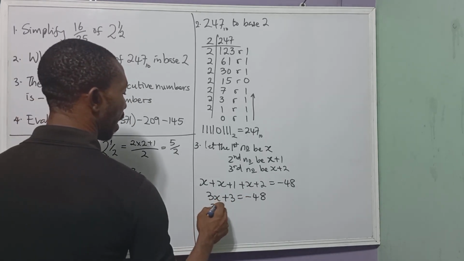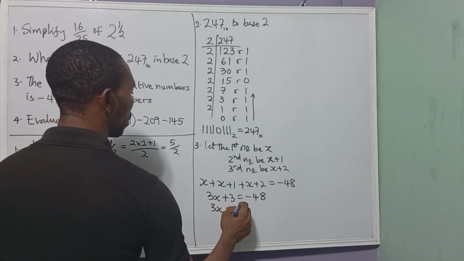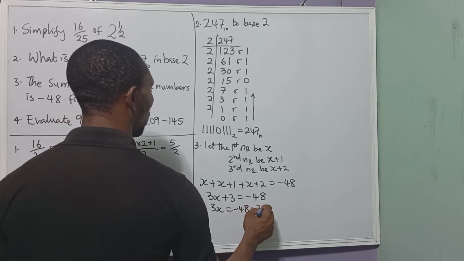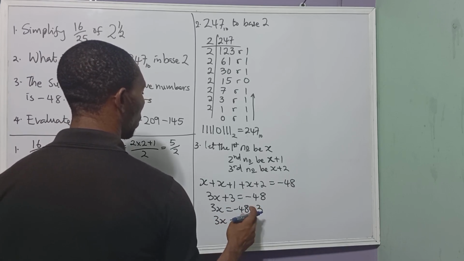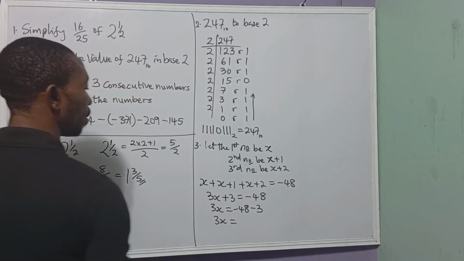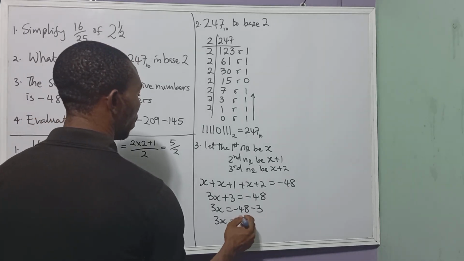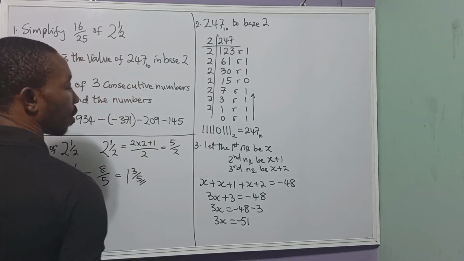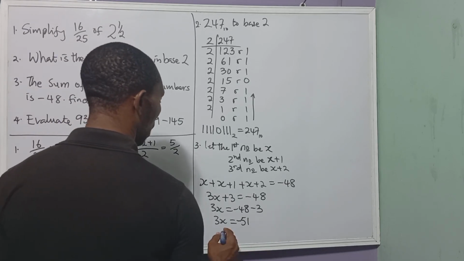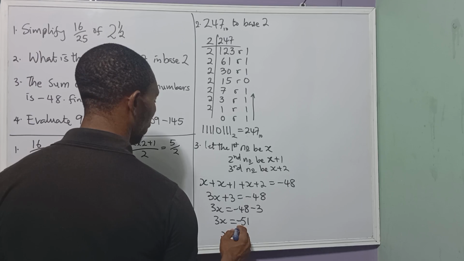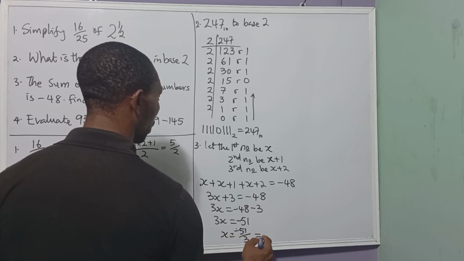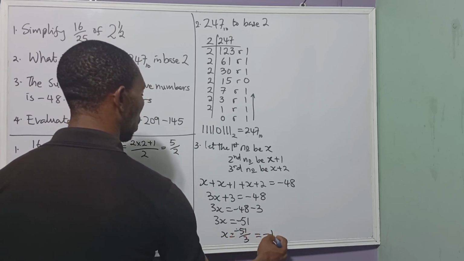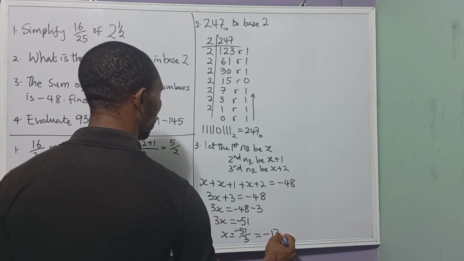Okay, so 3x equals minus 48 minus 3. So 3x equals minus 51. Okay, so therefore, x equals minus 51 over 3, which gives us minus 17.